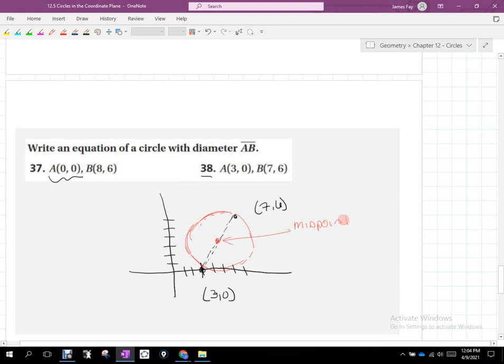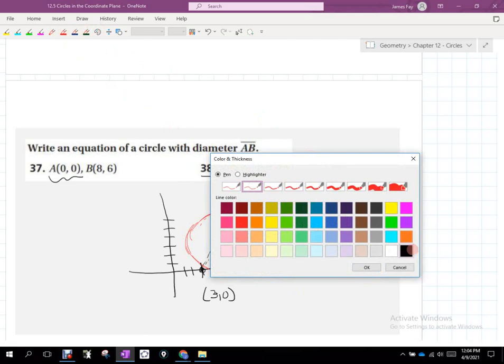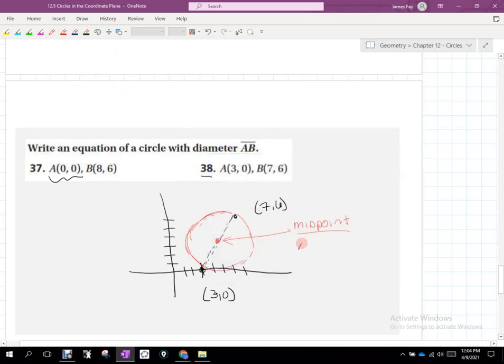You guys remember the formula from chapter 1 to find the midpoint of a segment? You add your x's, divide by 2. You add your y's, divide by 2. So if I want the center of the circle, which is the midpoint of the diameter, I'm going to take that x and that x, 7 and 3, add them together and divide by 2.